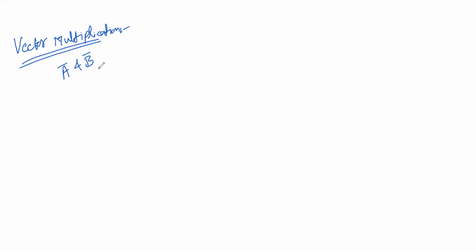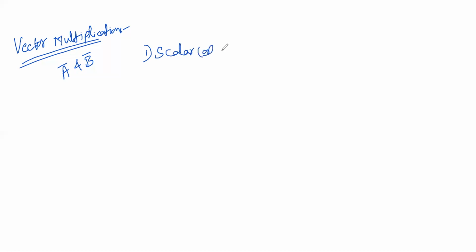Let's discuss what types of multiplication we are going to do. Depending on the type of multiplication, the result, that is the product, can be a scalar or a vector. The first type is the scalar product.